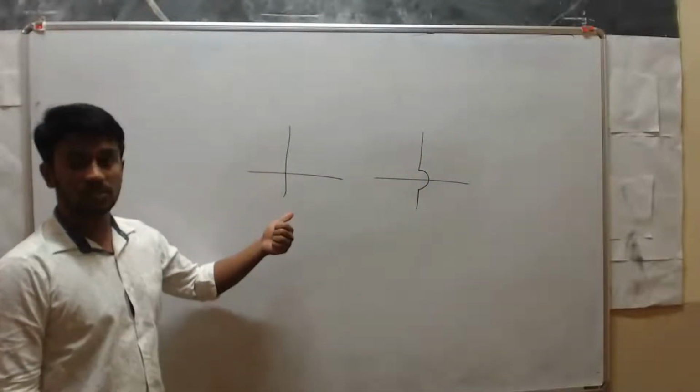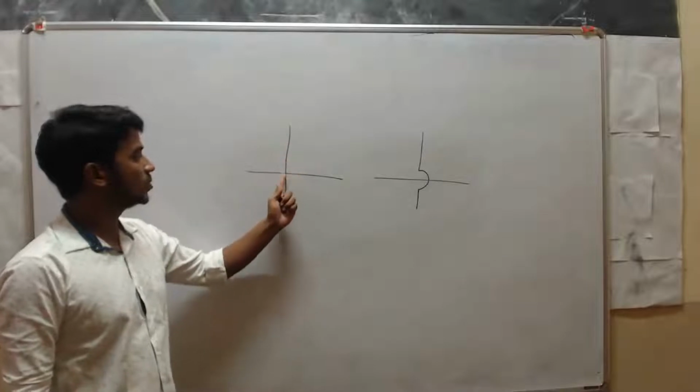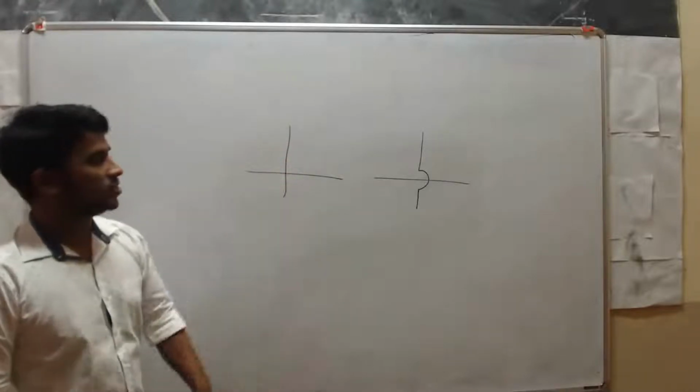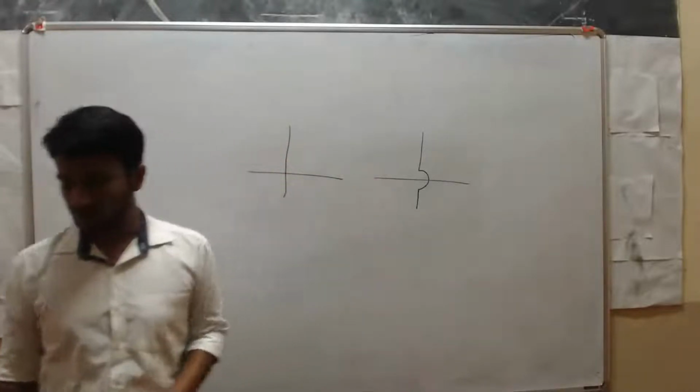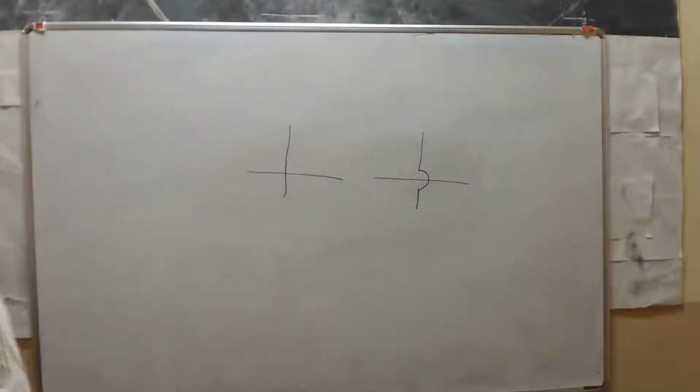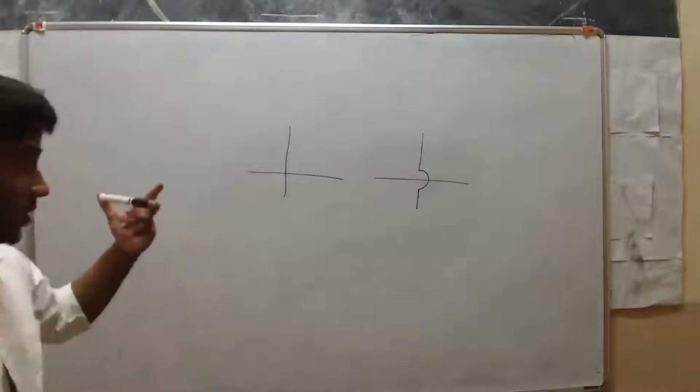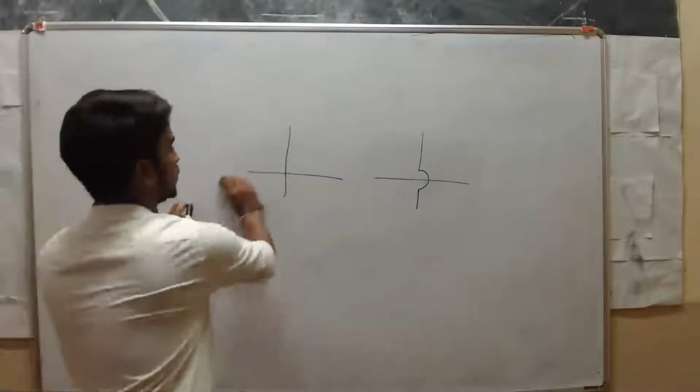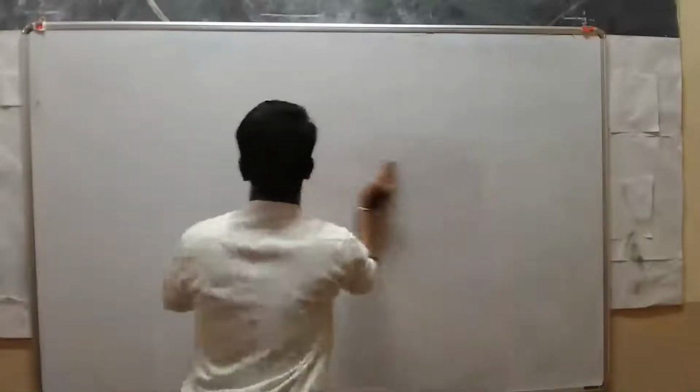But if you draw like this with a dot, we can say that both wires are connected here. So this is wire joint and wire crossing without connection.